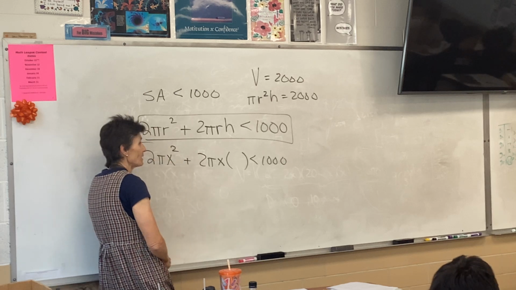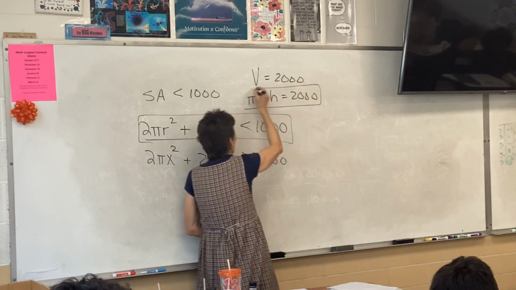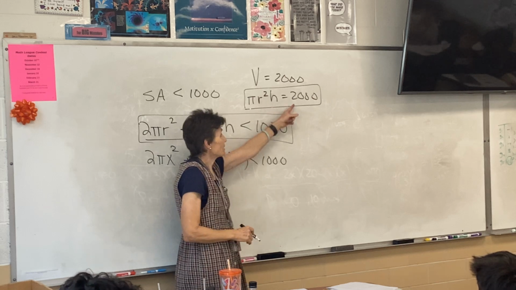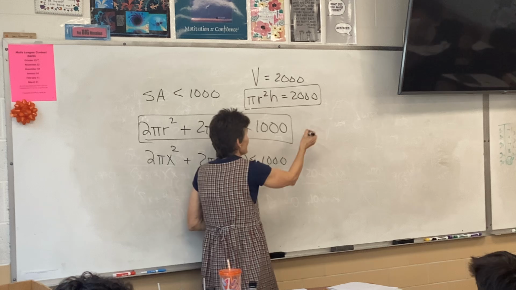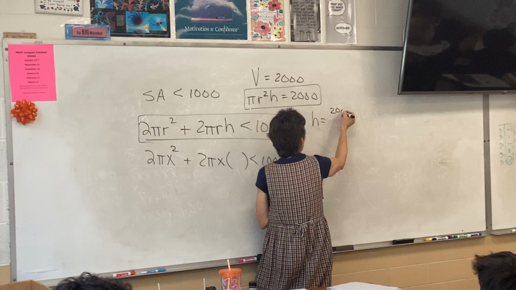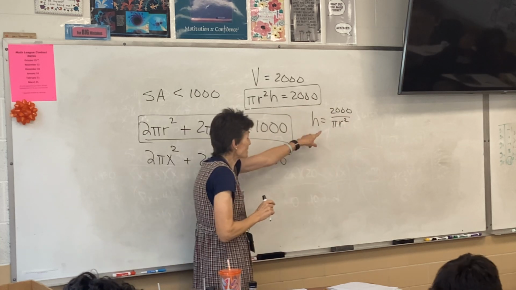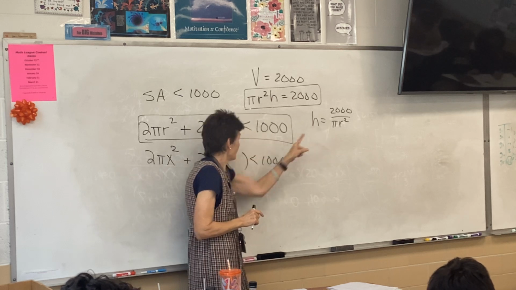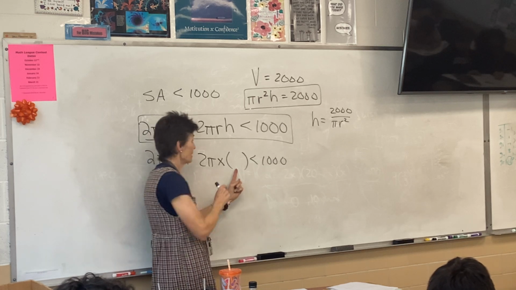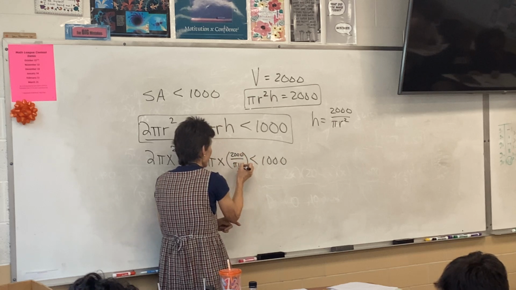But I can't graph it until I get rid of the h. They told me that pi r squared h, the volume, is 2,000. So what does h equal? 2,000 divided by pi r squared. So I'm going to put it right here. That h is going to be 2,000 divided by pi r squared.